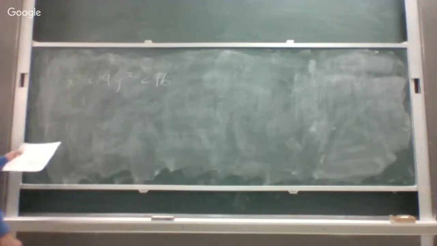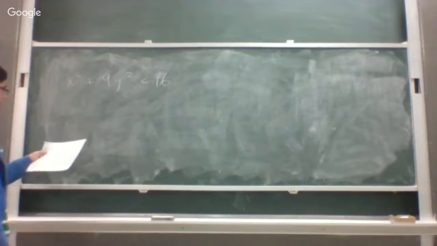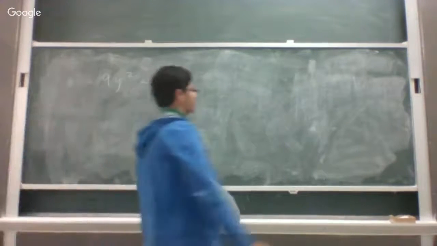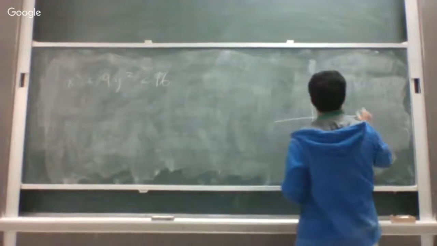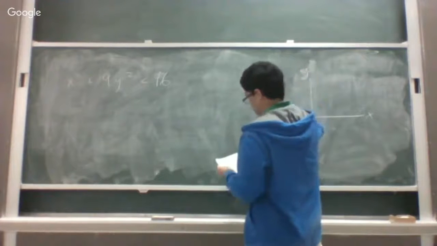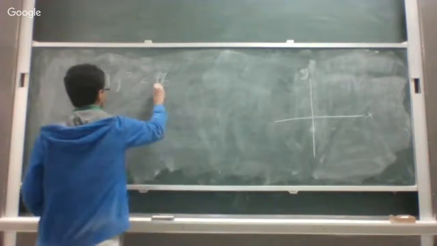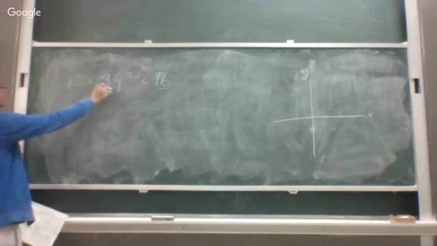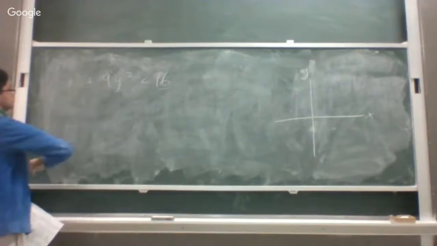Okay? That was our domain, right? In order to graph it, we sort of always try to get this number to be a 1. Okay? And these to be denominators.